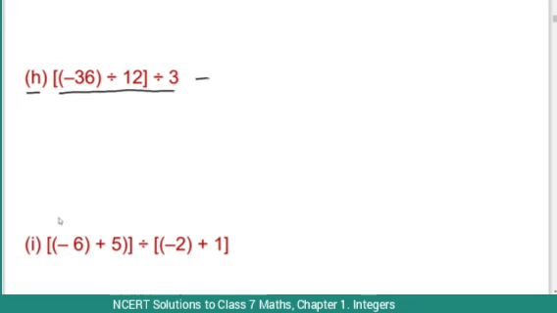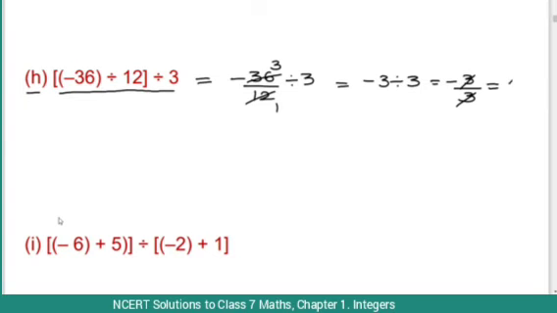H, -36 divided by 12 divided by 3. So -36 divided by 12, I will solve this one first. Again divide with 3. 12 threes are 36. -3 divided by 3, 3 ones are 3, get cancelled. Answer is 1.